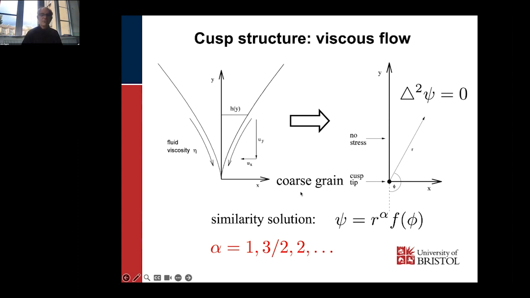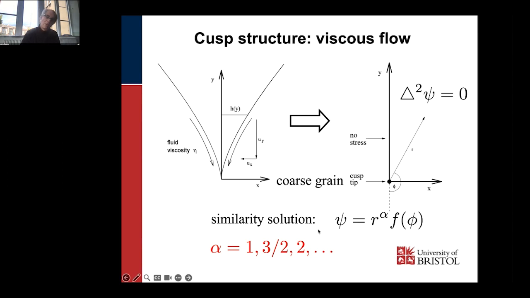And this will lead to a solvability condition, namely a condition that in order to have a non-trivial solution, so a solution where there is some flow at all, alpha has to satisfy an equation which you can solve. And owing to the periodicity of the sines and cosines, this is a sequence of alphas, the lowest of which are 1, 3/2, 2, and so on and so forth.